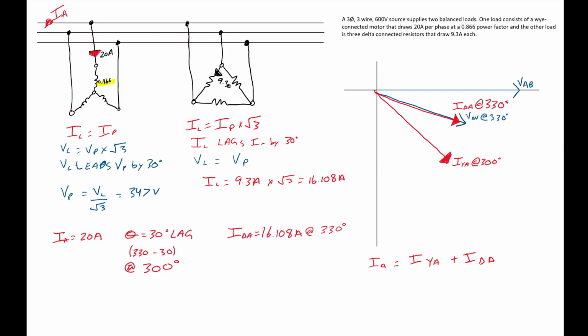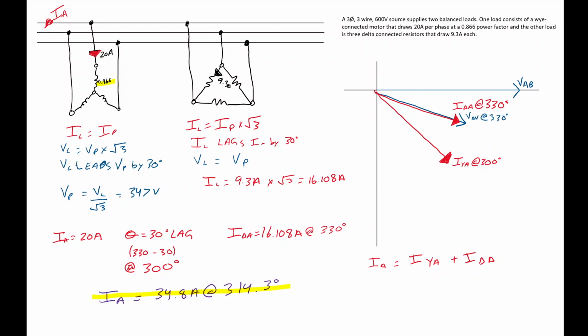Awesome. I'm going to add those up on an HV chart, and I'm just going to do that math separately. What I end up with is an IA total equals 34.8 amps at 314.3 degrees. Now let's say I was looking for IB and IC.